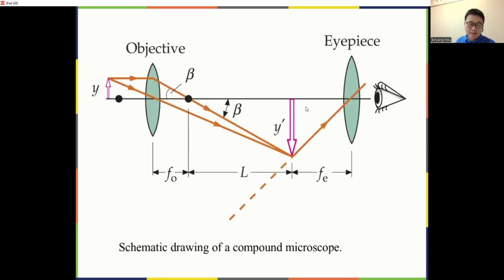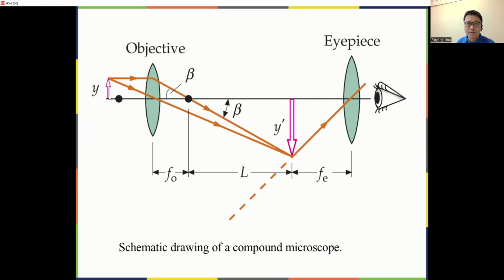All right, and this is a schematic drawing of a compound microscope. It's basically using two lenses. One is called the objective lens, which is placed before the object, and the other is called the eyepiece, placed in front of the eye. That's why it's called the eyepiece. The object in front here will form a real image behind this guy over here.